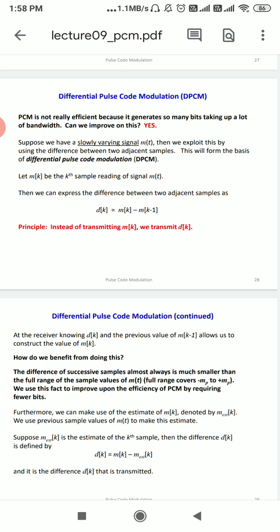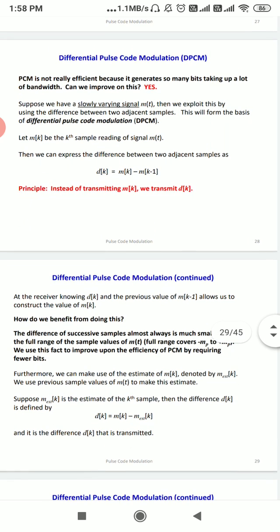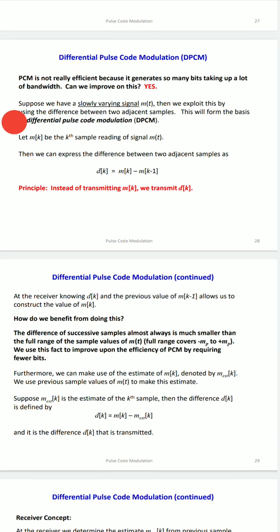We can take the difference between two adjacent samples as d of k equal to M of k minus M of k minus 1. Instead of transmitting M of k, the kth sample of the signal M of t, we transmit d of k, the difference between the two adjacent samples.